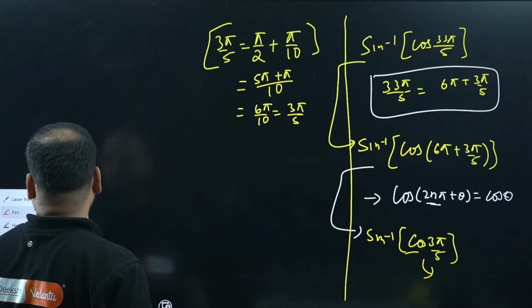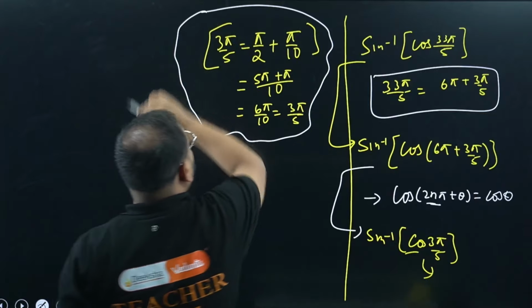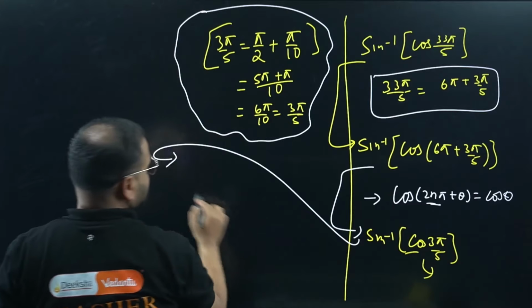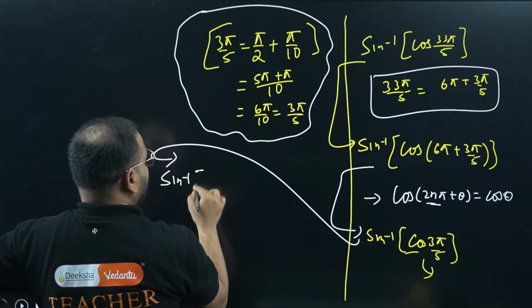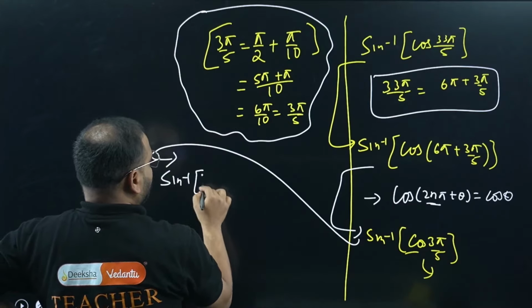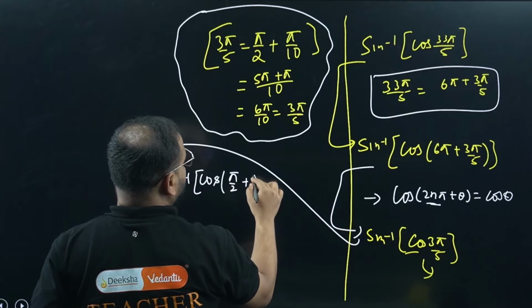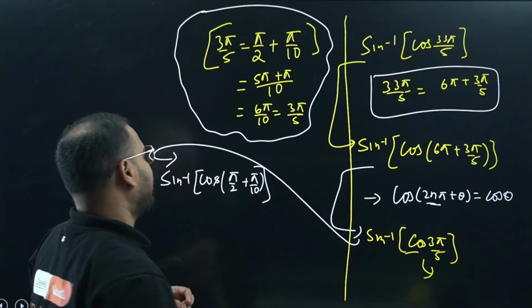We don't need all this. It's not part of the solution. Right next to this step, we can write like this: sine inverse of, what will I write? Cos will become this: pi by 2 plus pi by 10, pi by 2 plus pi by 10, right?